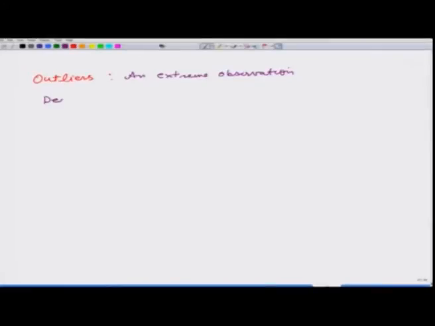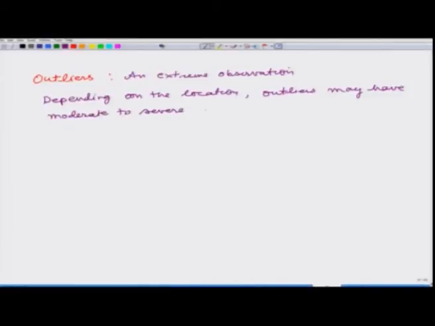Now, depending on the location, these outliers may have moderate to severe effects on the fitted regression model. So, the next question is how to identify them.